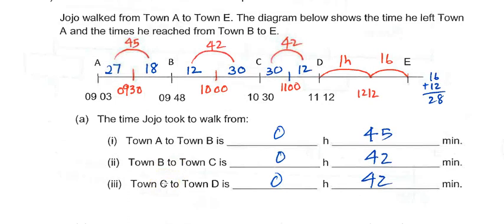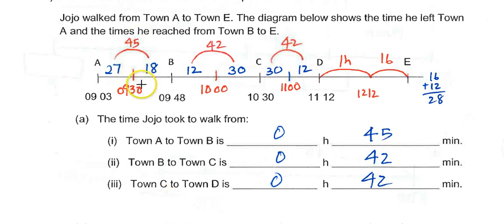All right, over here this is self-explanatory. I need you to pause this video and take time to think. From town A to B, how many minutes? What I did was, town A to B started from 9:03, so I wrote this down.